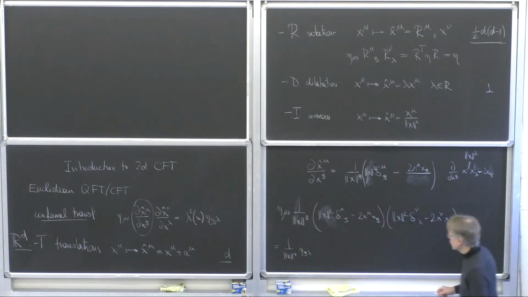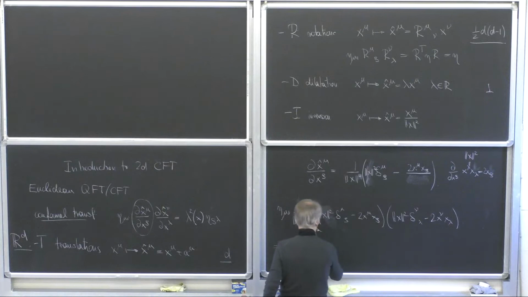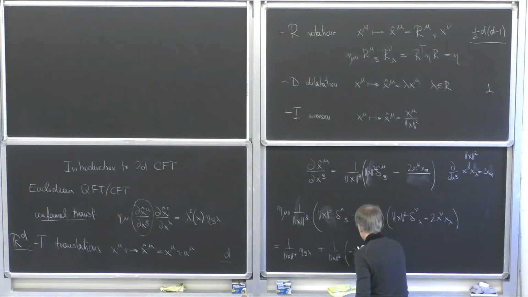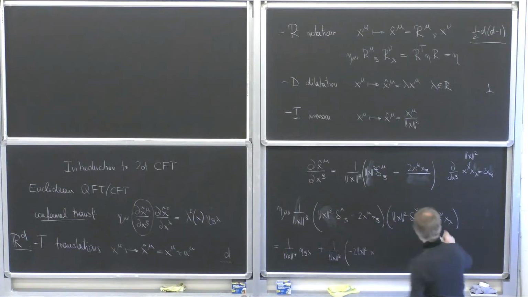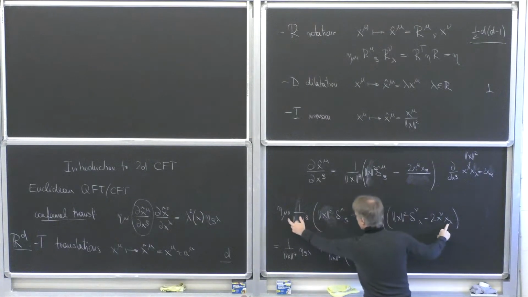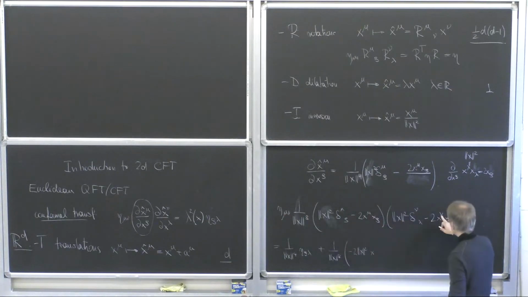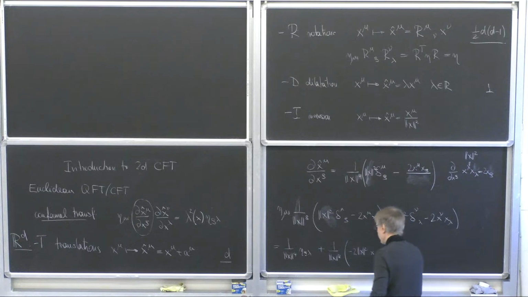And then the other terms look like plus 1 over x to the 8, then I have 2 mixed terms: minus 2 times the norm of x squared times, if I contract this one with this one, then the μ becomes a ν, the ρ becomes a ν, so this becomes x_ρ x_λ.